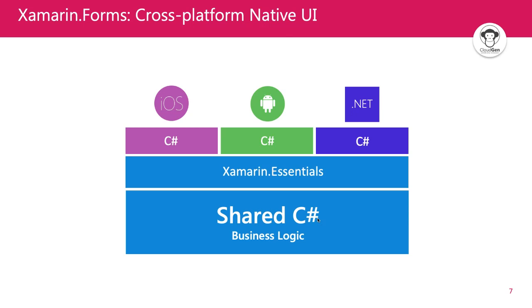This project then will produce a library which is used by an iOS project, Android project, or Windows 10 project, UWP project. Everything is written on .NET language, such as C#, and you can use some other libraries which can enhance your developer experience, such as Xamarin Essentials.